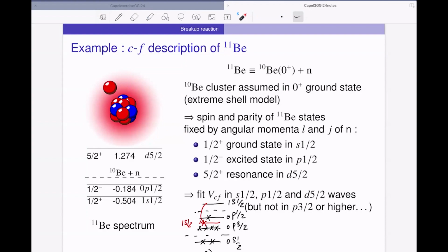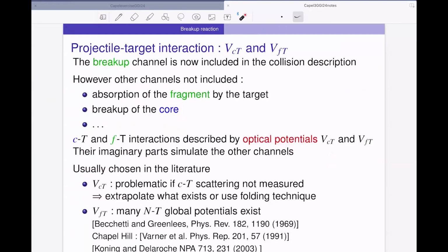So what you do is the potential in the p1/2 and in the s1/2 are not exactly the same, and you adjust the depth in order to reproduce the correct binding energy. Now, that was an example for the core neutron interaction. What about the interaction between the core and the target and the neutron and the target?